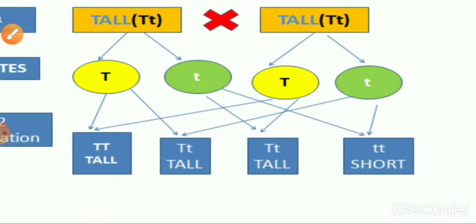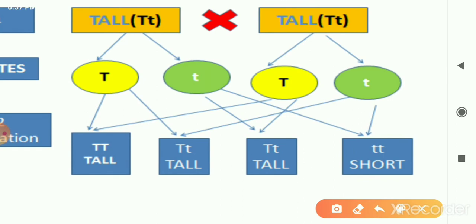This is because we have to go with all the possibilities: a gamete with the factor for tallness fusing with another gamete carrying the factor for tallness, or with a gamete which has a factor for dwarfness. This shows that fertilization is random, and so we have to go for all the possibilities.